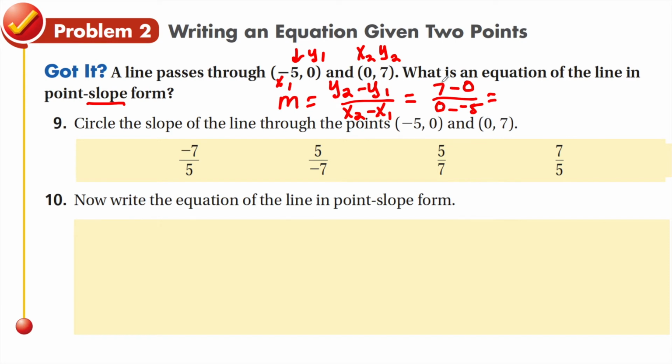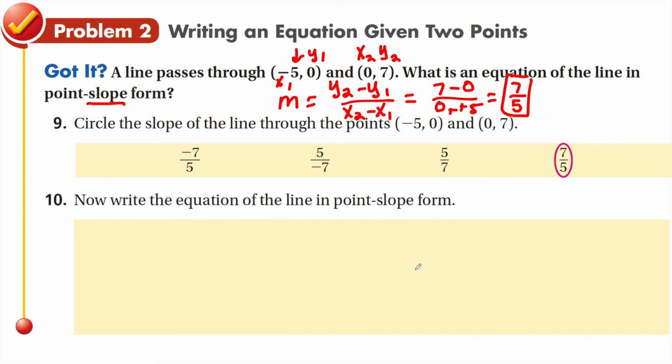So we should have 7 minus 0, which is 7 on top, and then 0 minus a negative creates a positive, so we should have a positive 5 on the bottom, meaning that our slope for this equation right here will be 7/5, which is exactly what we have right there.